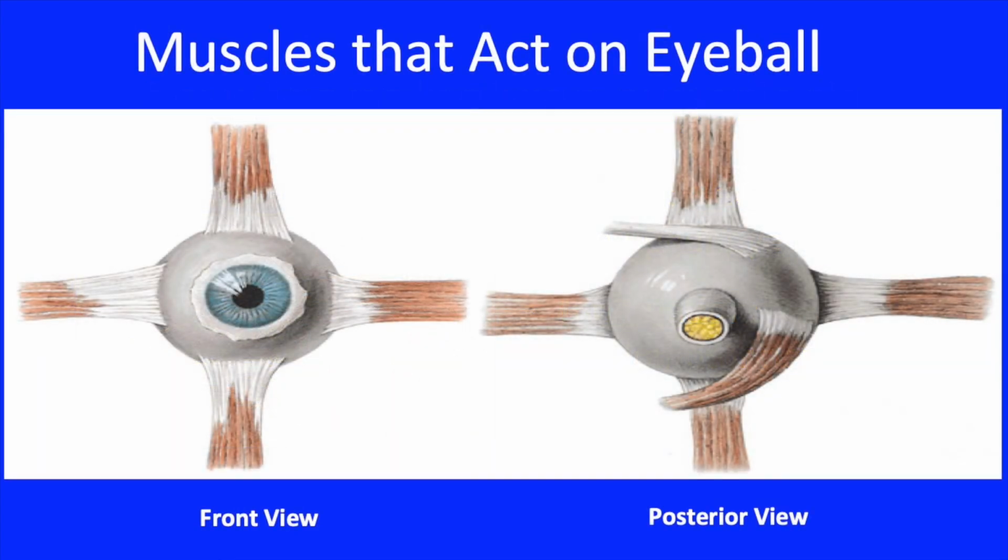We next move to the 6 muscles that move the eyeball. Here they are. There are 4 straight muscles, hence their names end with rectus, and the prefix of their name relates to their location. Let's look at the recti muscles as they appear on the eyeball observed from the front. They are the superior rectus, the medial rectus, the inferior rectus, and rounding out the circle, the lateral rectus.